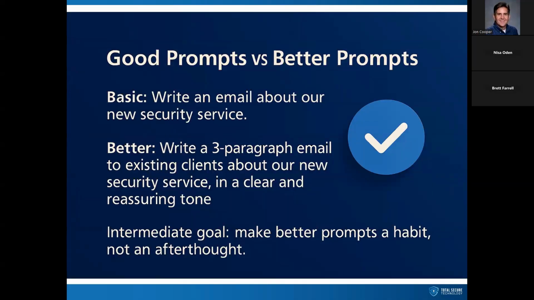One of the biggest differences between basic and intermediate use of Copilot is how you ask for things. A lot of people use very simple prompts, like write an email about a new security service. Copilot will give you something, but it's pretty generic. You end up spending a lot of extra time editing it into something usable.